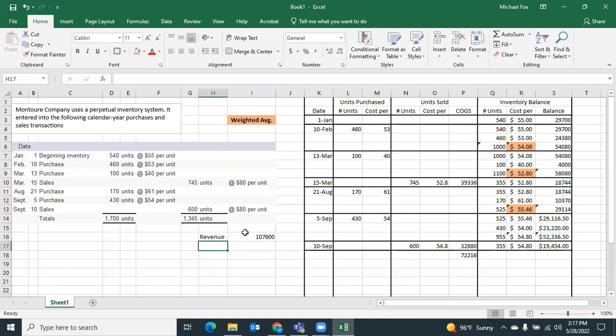There's our sales revenue minus our cost of goods sold. We just figured out cost of goods sold right here. That gives us a gross profit of $35,384.